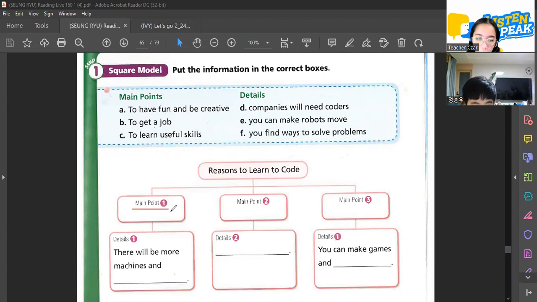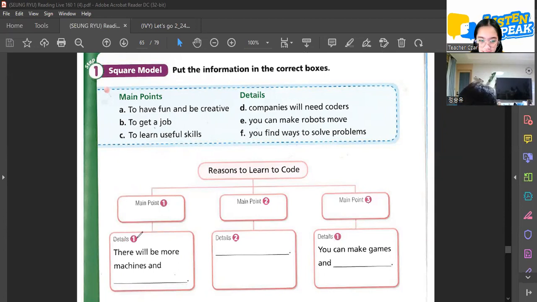As you can see, the details are there will be more machines and to have fun and be creative. I will give an example first.